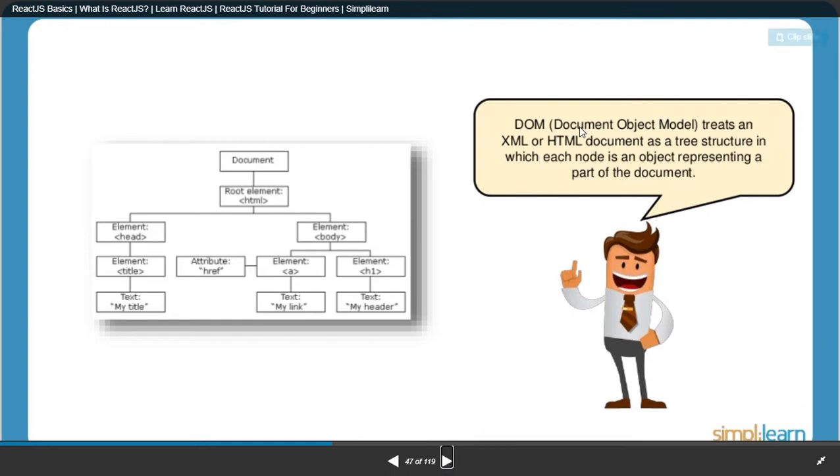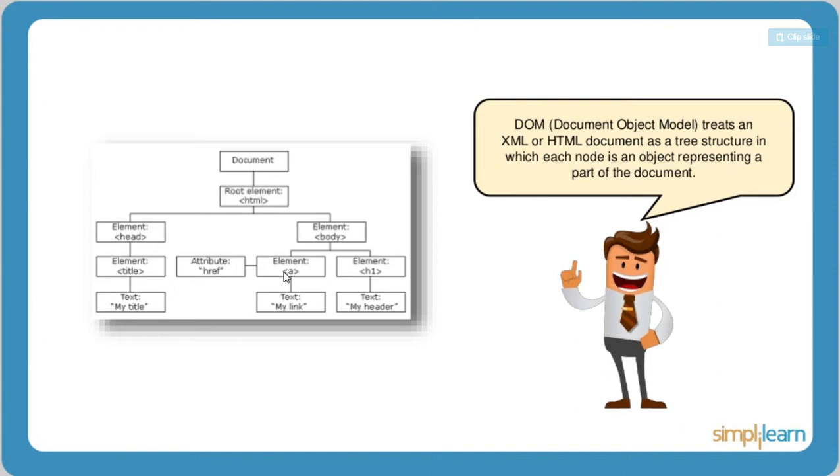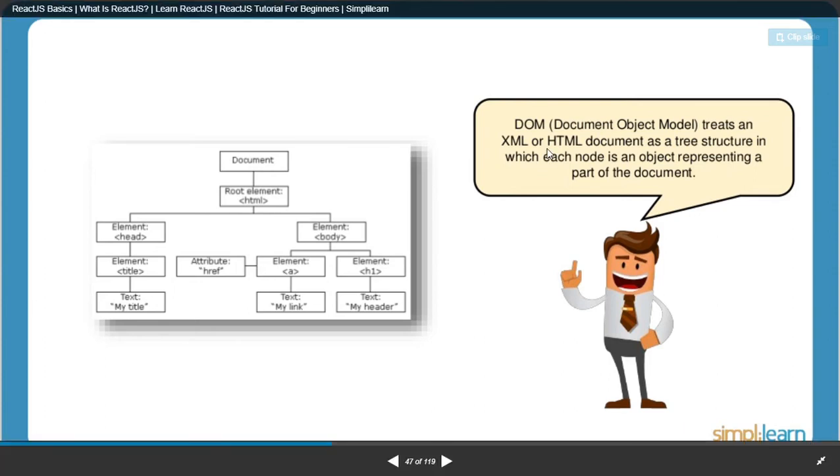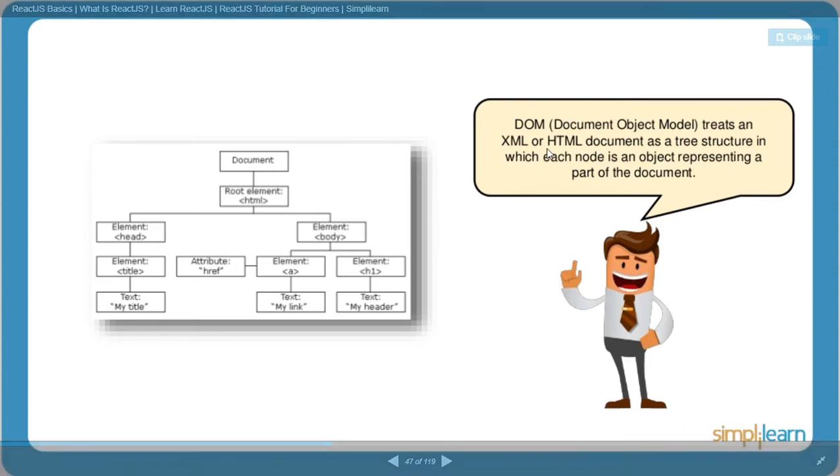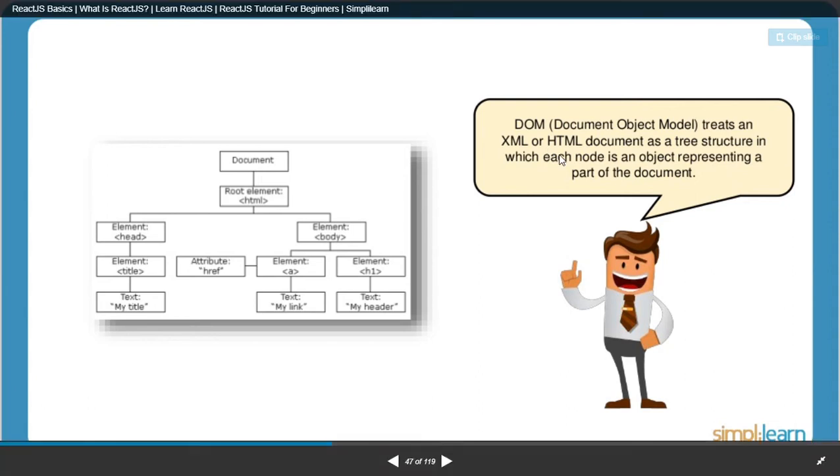If you see here, for example, you will have an HTML file, head, body, title, href, link, anchor tag. Consider that you have some HTML structure. This DOM will treat XML or HTML elements as a tree structure, and each node will represent part of your document.